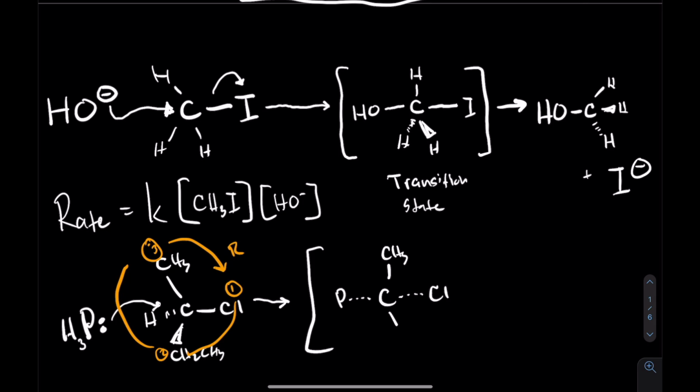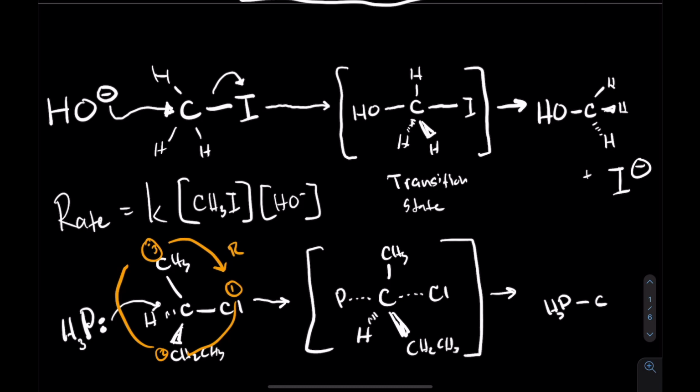CH3, it's a trigonal bipyramidal structure where the ethyl group is popping out towards you, and then the hydrogen is going away from you, and you get the final outcome with the chloride being gone. Now you have a phosphine coming over here, and it's connected to a carbon, and now the CH3 is over here. Still have the ethyl group coming out at you, and then the hydrogen is in the back.